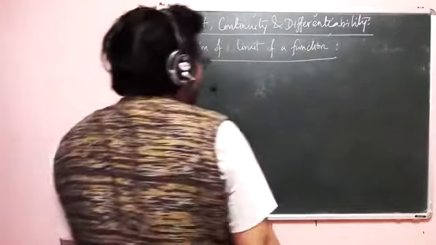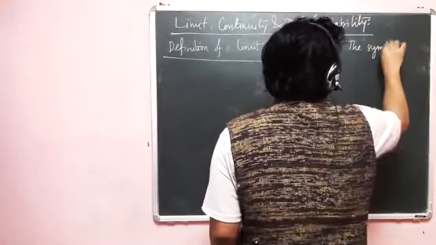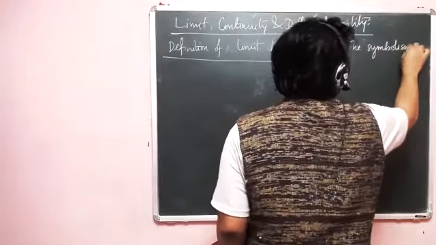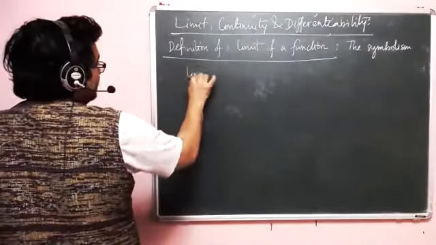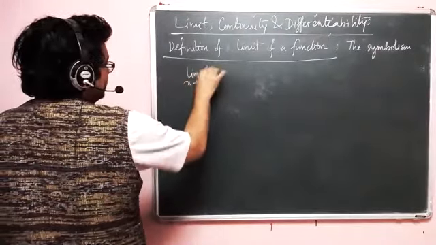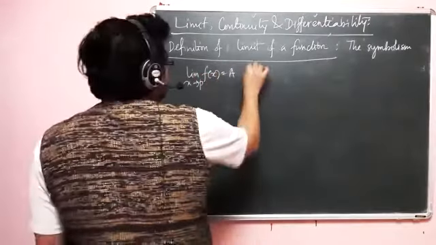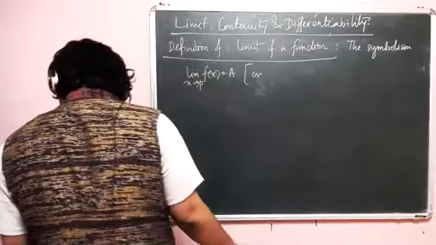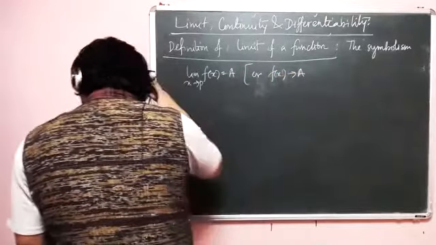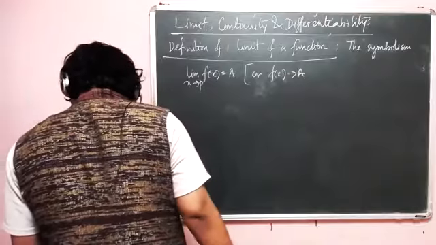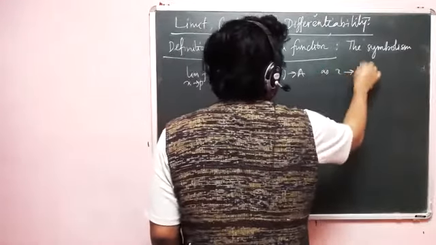So how to write that? The symbolism: limit x tends to p f of x equal to a, or we can write it like this: f(x) tends to a as x tends to p.